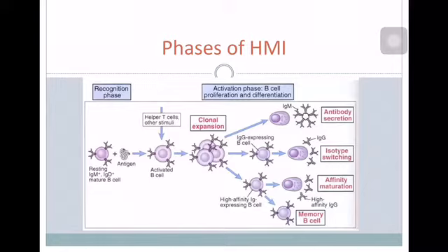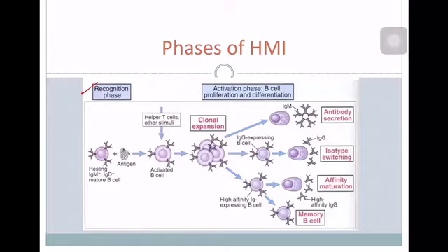It includes the production of antibodies because this is the immunity mediated by the antibodies. So, the antibody production involves the recognition phase, which means the antigen is recognized and it should come in contact with the appropriate immunocompetent B cell.